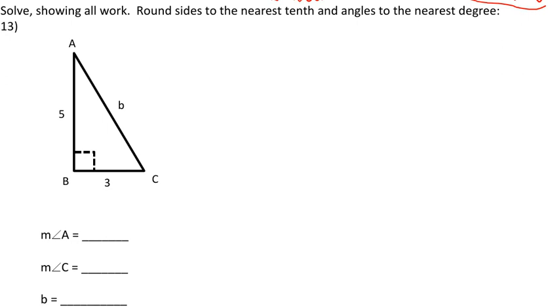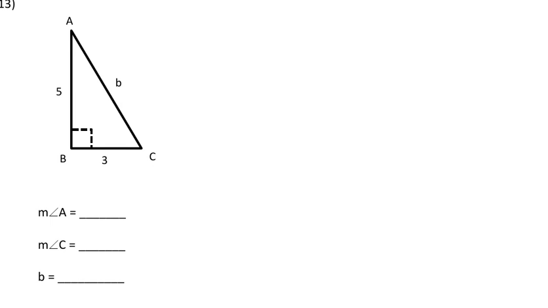There's one of these things I don't need any trigonometry for, and that's finding the hypotenuse. B is just going to be the square root of 25 plus 9, right, by Pythagorean theorem. And so that's the square root of 34.